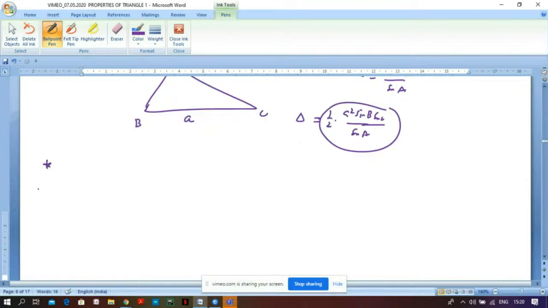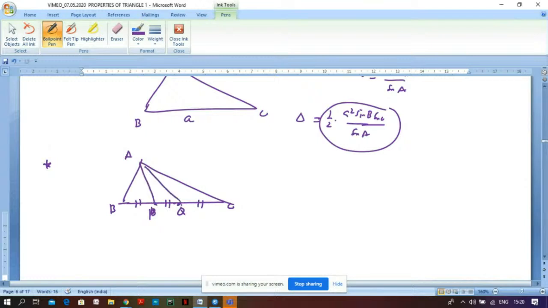Next is a problem that makes use of again some result which is not often remembered. So the question says that you have got a triangle ABC, and you have got points P and Q here, such that BD equals BP equals PQ equals QC. So they are all equal.